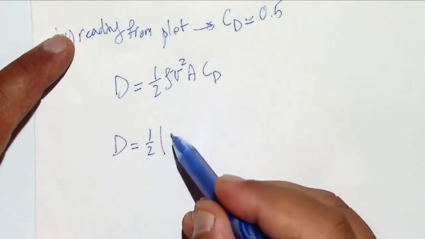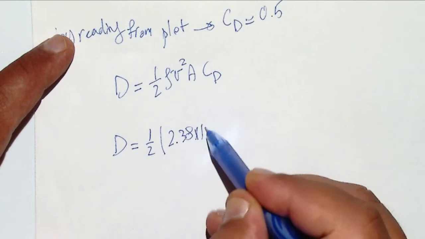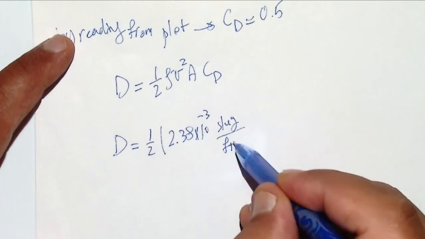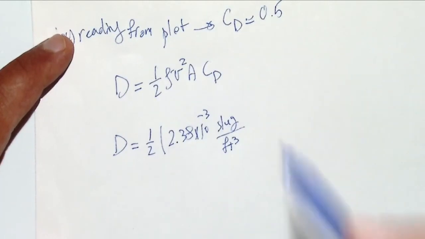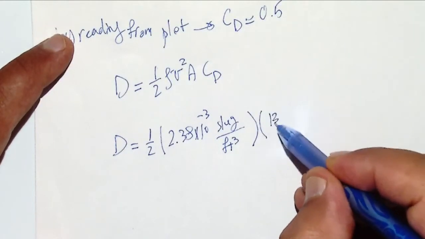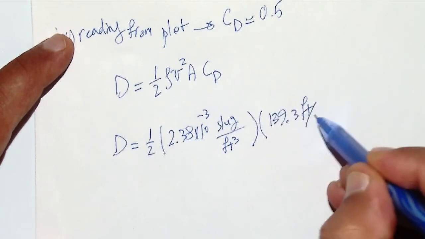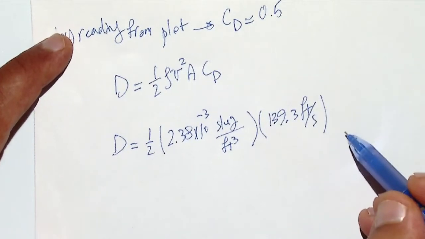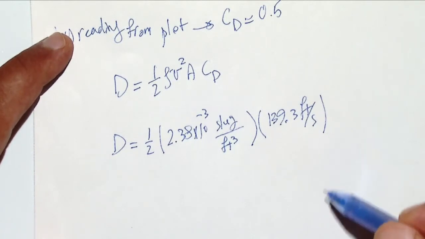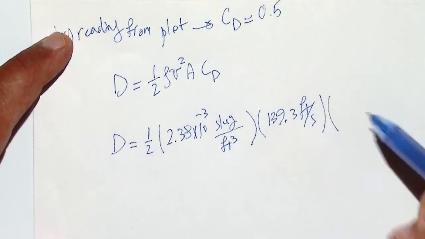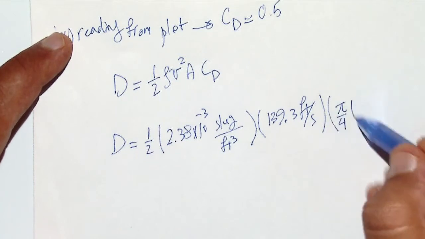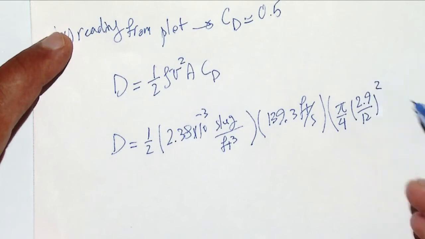Rho is given as 2.38 times 10 to the power of minus 3 slug per feet cubed, times velocity. We found that is 139.3 feet per second, and we have the area: the frontal area for a sphere is the area of the cross section, or circle, that is seen by the flow. So it's pi over 4 d squared, where d is 2.9 over 12 feet, squared.